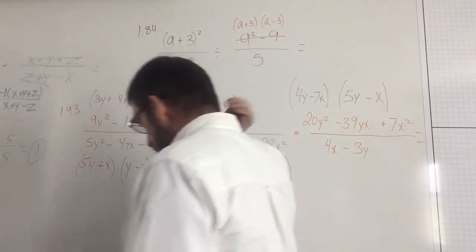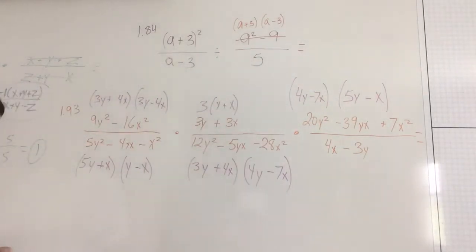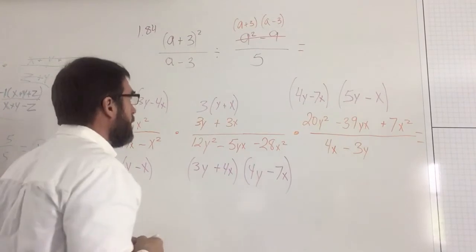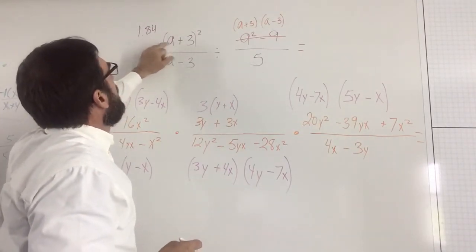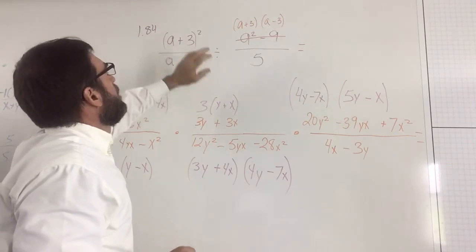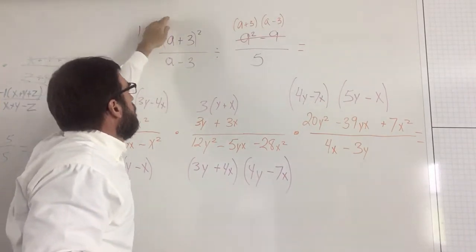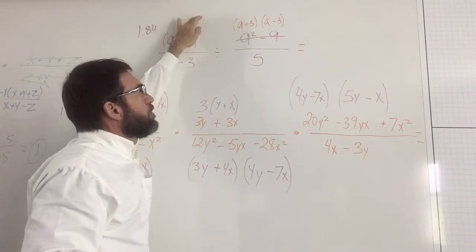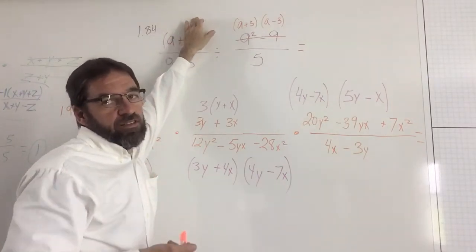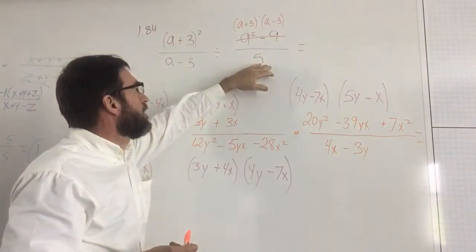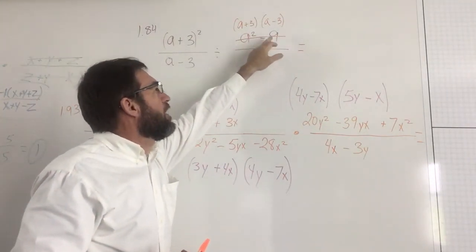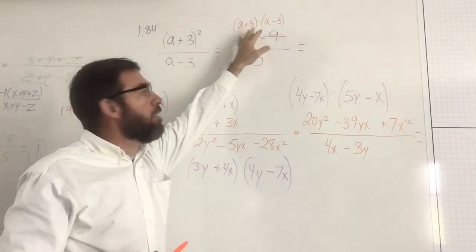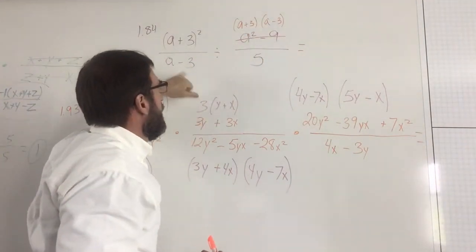184 is worked out like that. This is a squared minus 9. I could have factored this one out into a plus 3, a minus 3. There really wasn't any need to, because I could look right here and see I wasn't going to cancel. Now I broke it apart because I had this a minus 3.